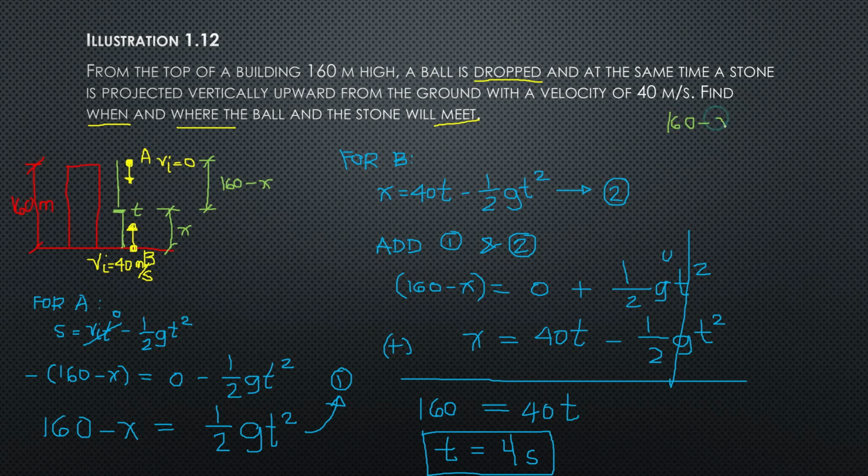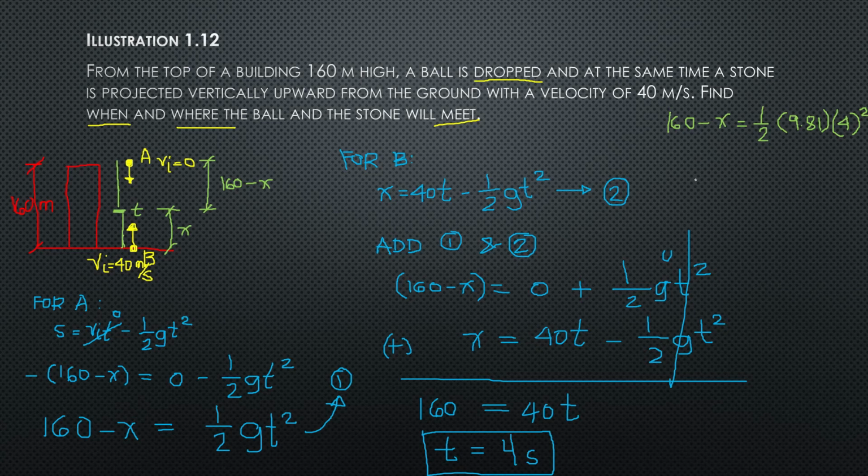minus x is equivalent to 1/2. Acceleration due to gravity is 9.81. Then t squared, that is 4, then squared.